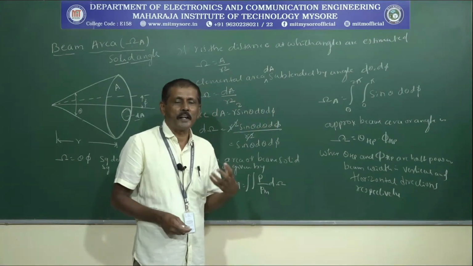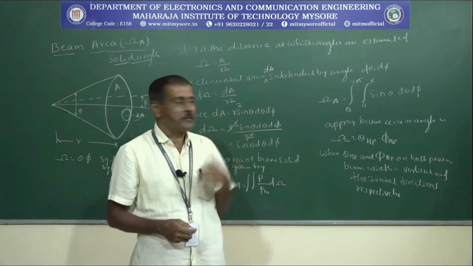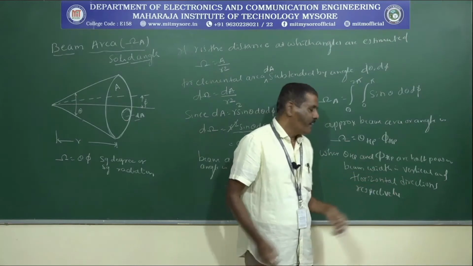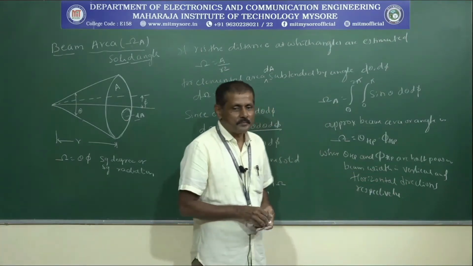That is, the beam width obtained at half of the maximum power in the vertical and the horizontal directions.